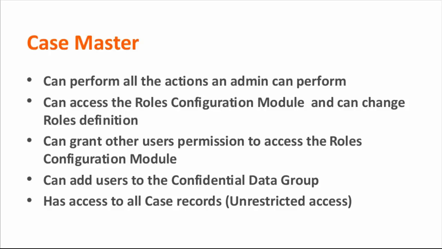You need to belong to this special group, and only master can assign you that group permission. Without that, you cannot access the confidential data. So two things which the master can do are configuring or changing the roles, and also the confidential data group. And he has access to all the cases in the system.